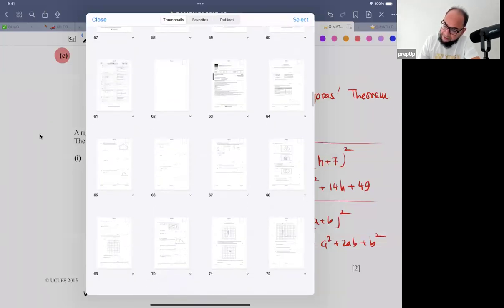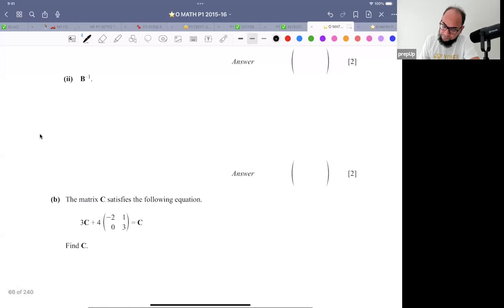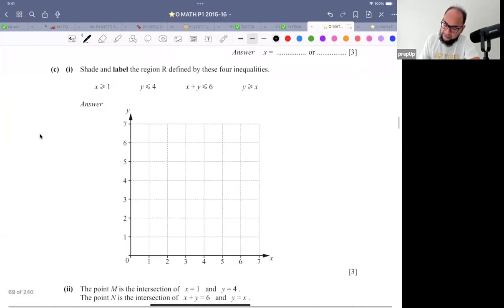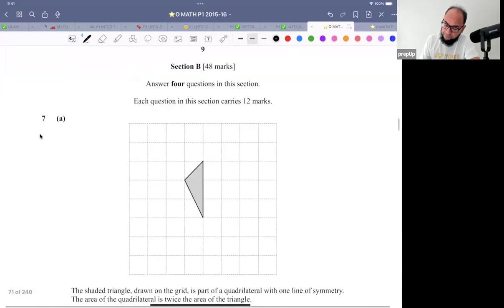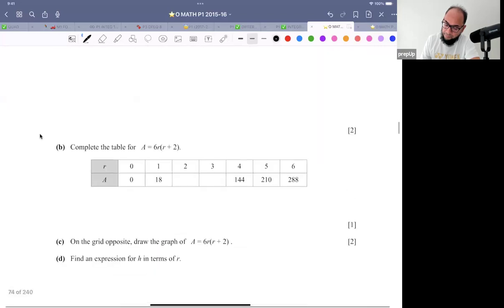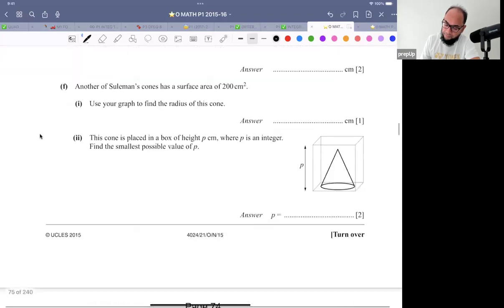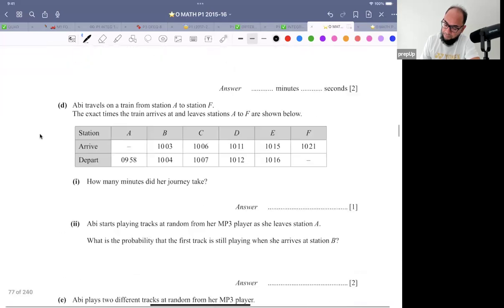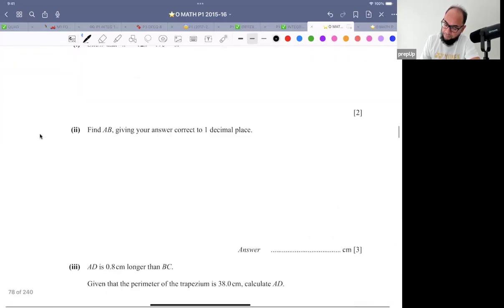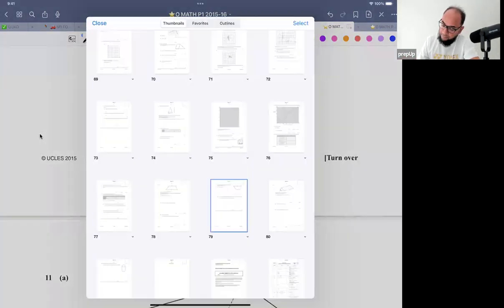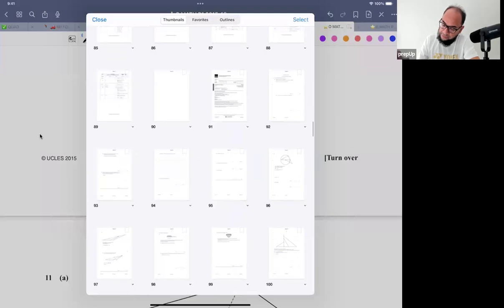And let's look at this paper. This is matrices, this is sets, all these things we need to study. Okay. Let's focus on this.